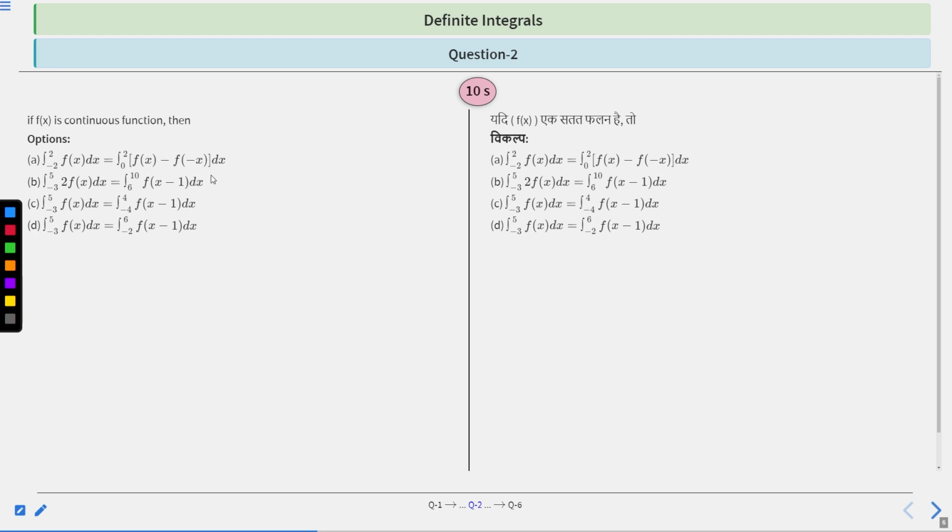So the hint is you have to analyze each option separately and see whether these options follow the properties of definite integration or not. If any option follows a property of definite integration, then that will be the correct answer. You have 10 seconds to solve and think about this question. After 10 seconds, we will discuss the solution.